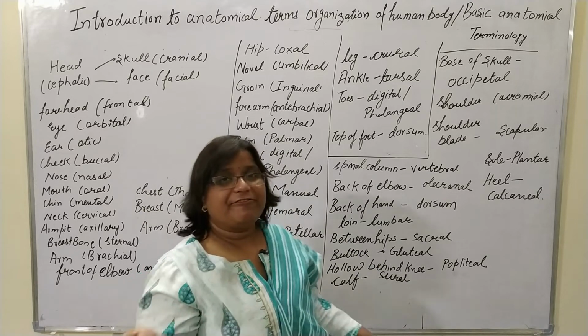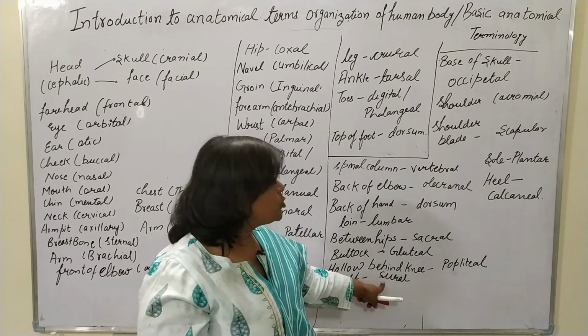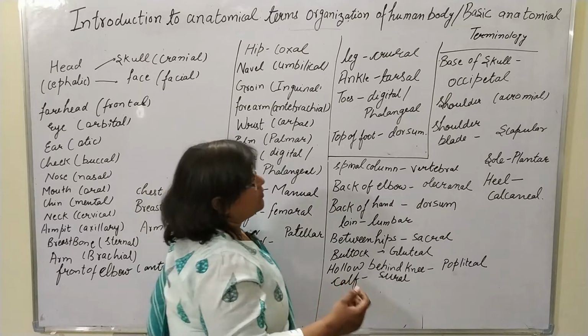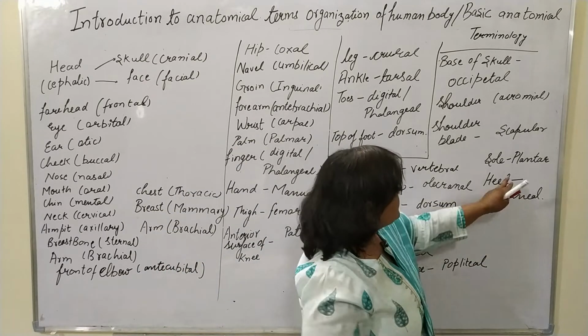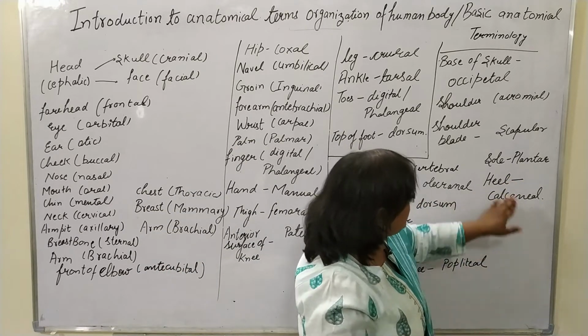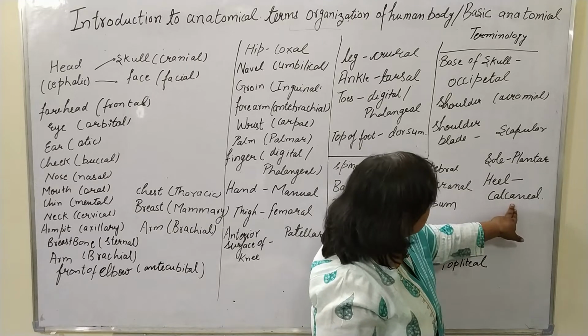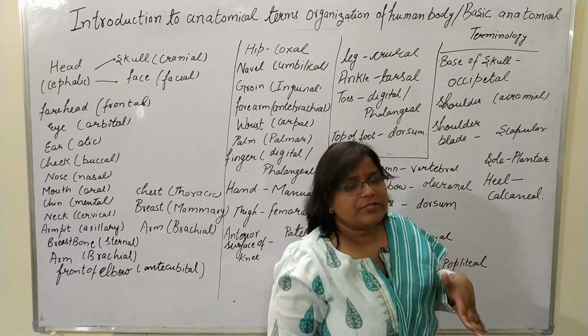The calf is the sural. The sole is the plantar. The heel is the calcaneal. So these are the posterior view terminologies.